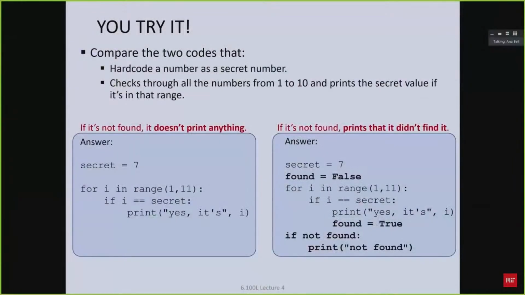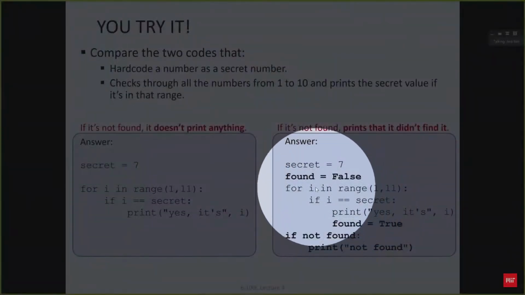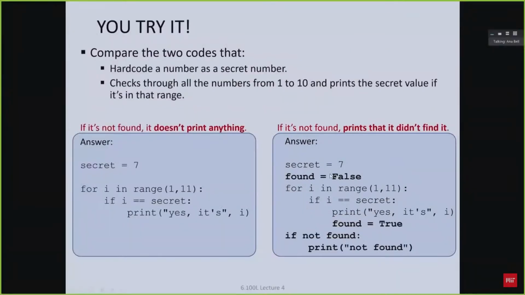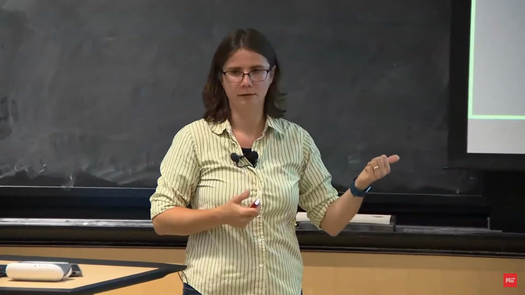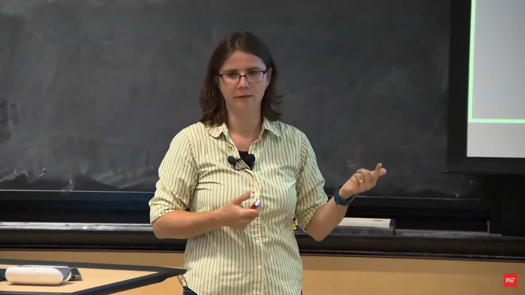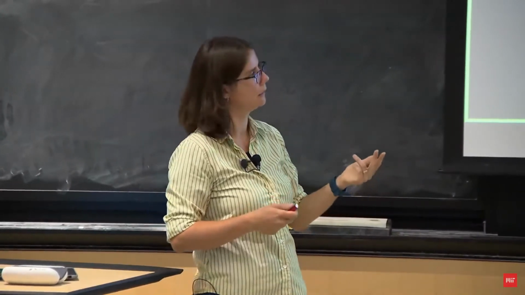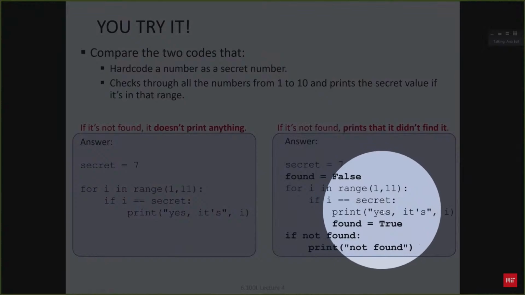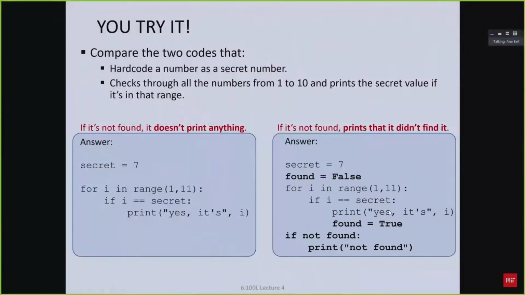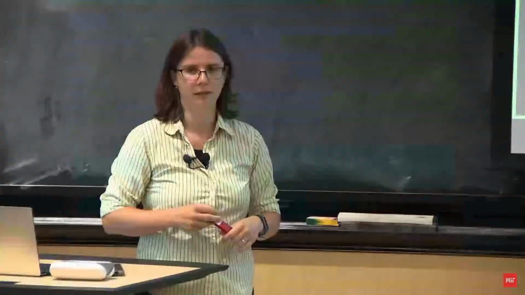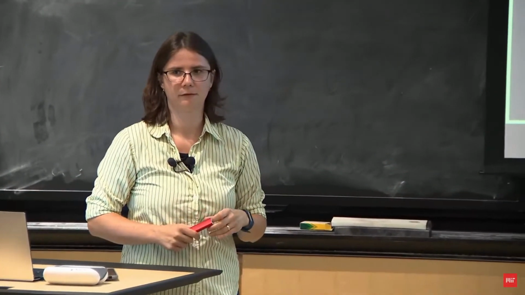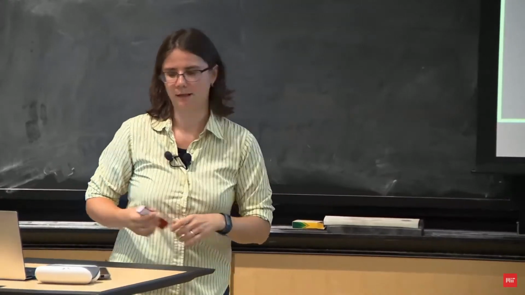If I have an else inside the for loop, it's basically asking if i is the secret number. So 0 is not the secret number, we would hit the else. 1 is not the secret number, we'd hit the else. 2 is not the secret number, we hit the else. And only when I get to 7 in this case, it is the secret number, so I hit the if, and so on. So it's not something I want to do every time through the loop. I put it at the end because I only need to do it once. Does that make sense?